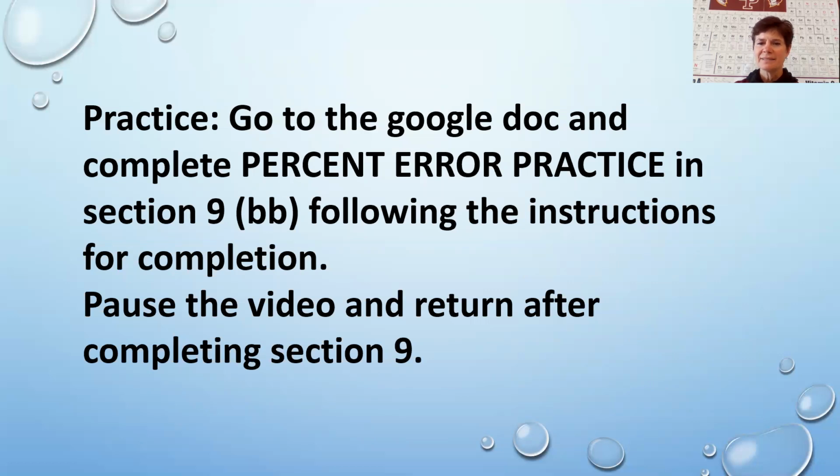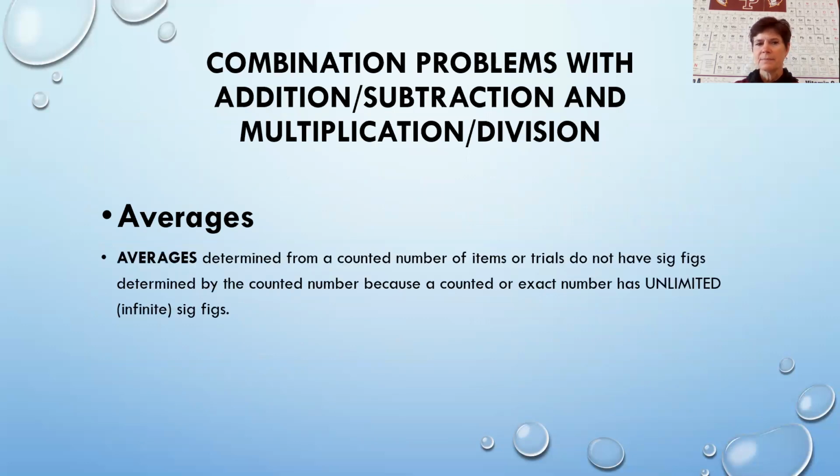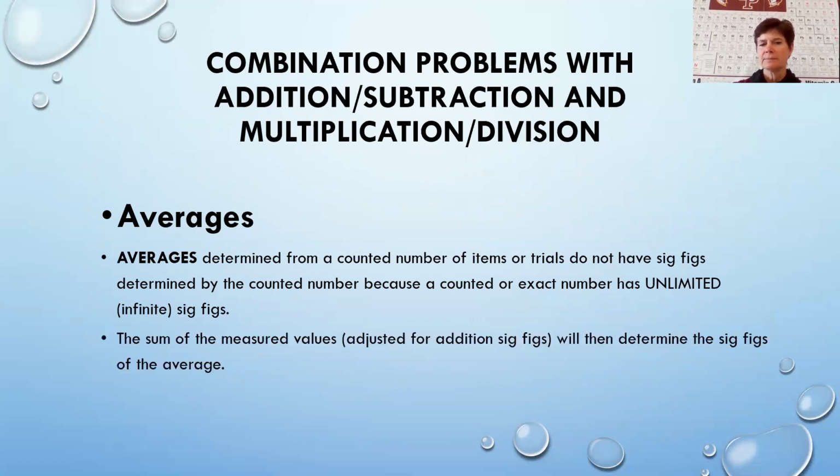Welcome back. Here's another set of problems. We're going to look at averages. Averages are determined from a counted number of items or trials and do not have sig figs determined by the counted number because that's exact. A counted or exact number has unlimited or infinite sig figs.